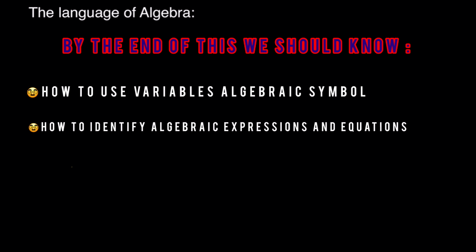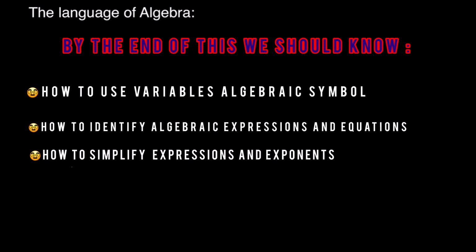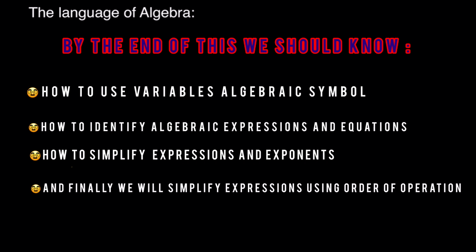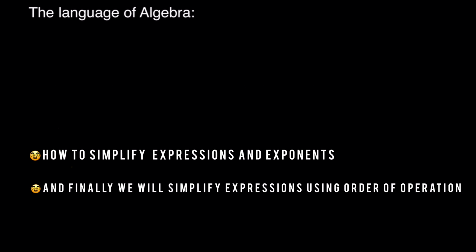We will also know how to identify expressions in equations, how to simplify expressions and exponents, and finally, how to simplify expressions using the order of operations. So these four topics we will cover one by one in each video. So stick around guys, and let's keep moving on.